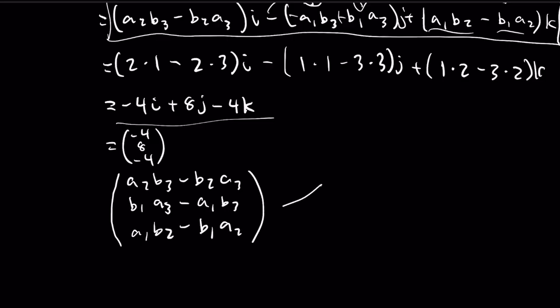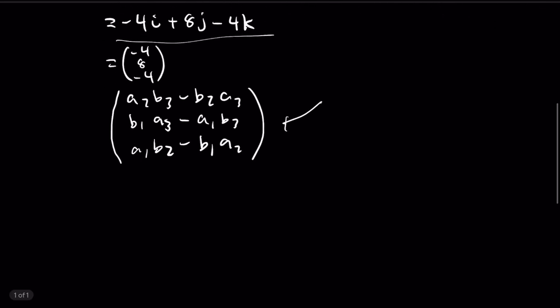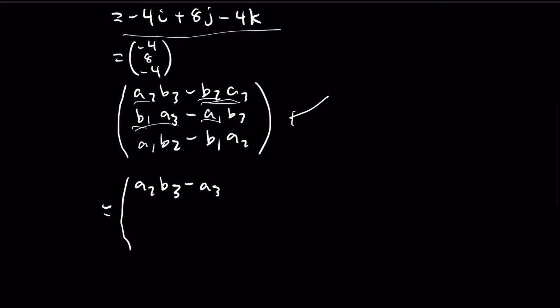So this is our general formula, and to make it even easier to remember, one thing you can do is switch these around so that A corresponds to A here and B will correspond to B here. So a2 b3, and we're going to switch the order because it doesn't matter, so instead of b2 a3, it'll be a3 b2.